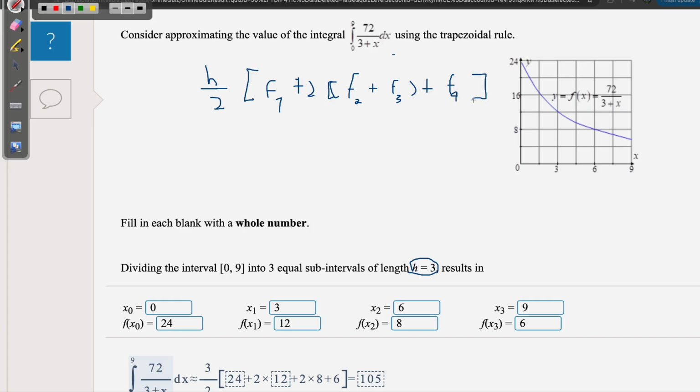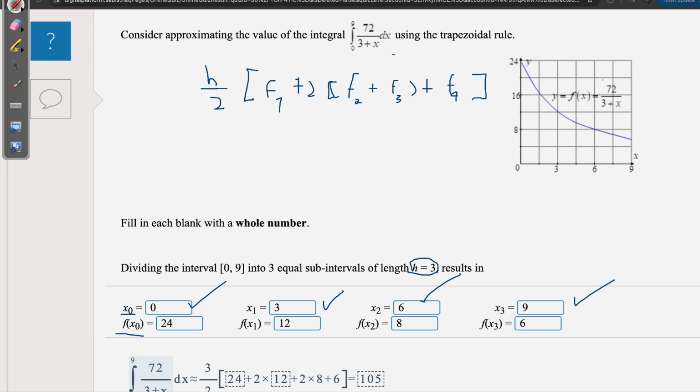Okay, so h is what we will be skip counting with each time, starting from 0 till 9. So 0, 3, 6, and 9. And then when they mean f of x is 0, we substitute what we found here in the original function.